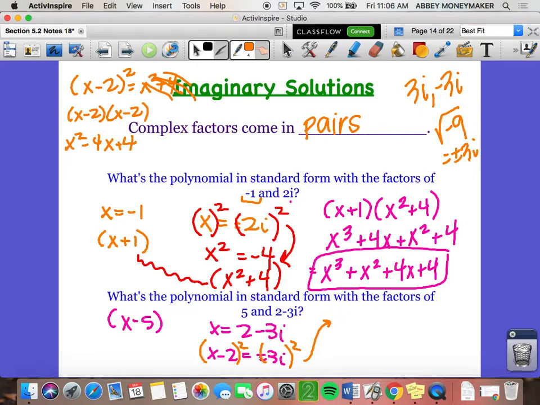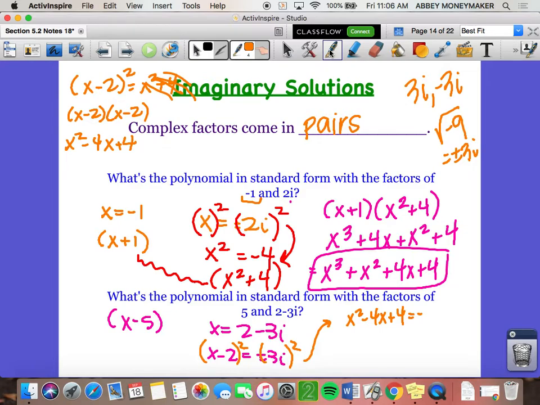So let's write that down. x squared minus 4x plus 4. I don't even need that first parenthesis. Is equal to, what's 3i squared? Plus or minus 9? No. What happens when you square a positive? It's positive. What happens when you square a negative?